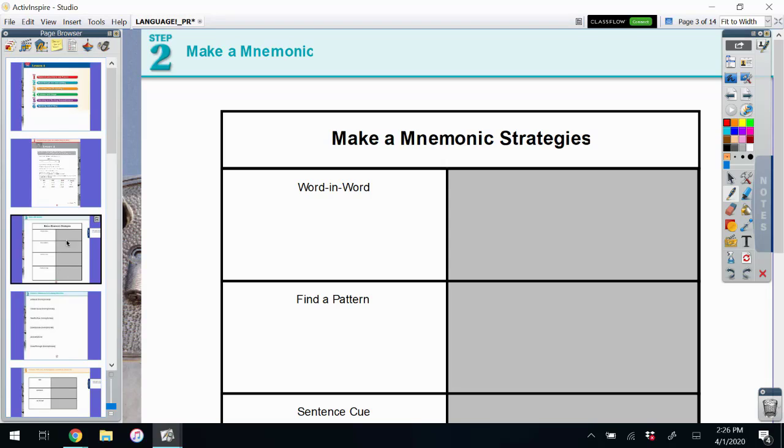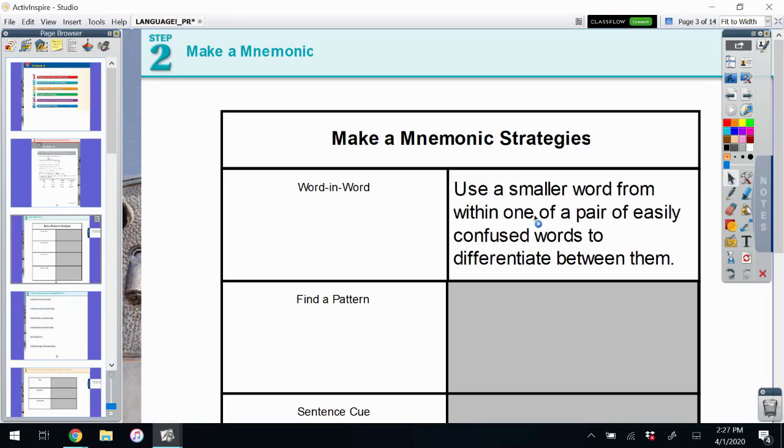You can use the spelling, meaning, or part of speech of a word to create a mnemonic to help you remember how the word is spelled. The word and word strategy that you see on your screen involves using a smaller word from within one of the pair of easily confused words to differentiate between those two words. The find a pattern strategy ties together a feature of spelling with a meaning cue.